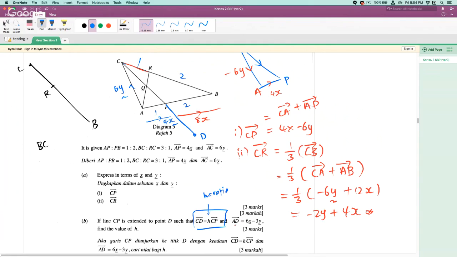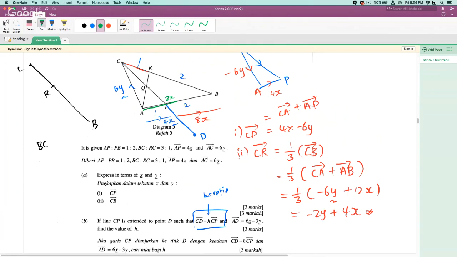Then A to D is basically equal to 6x minus 3y. So I can assume 6x, because here is 4x already, so just add another 2 more x here.